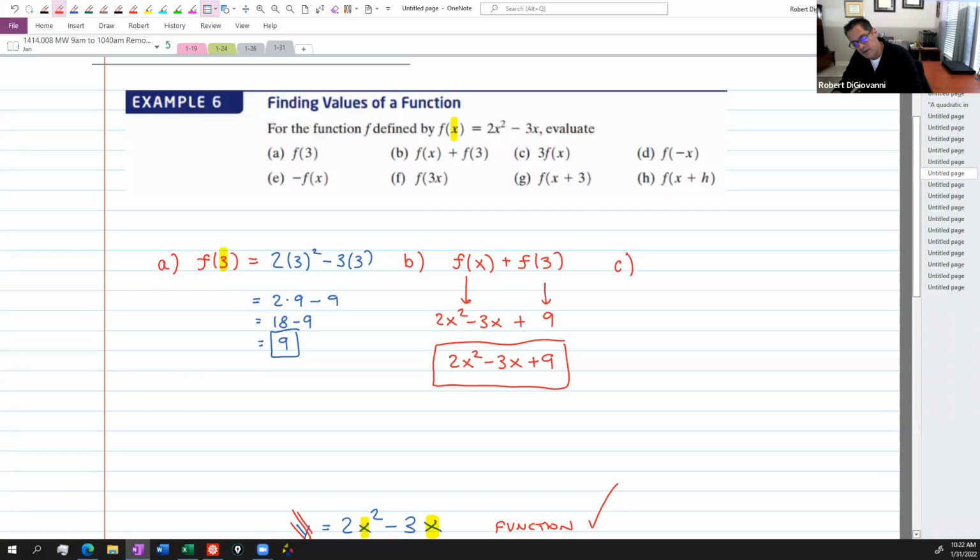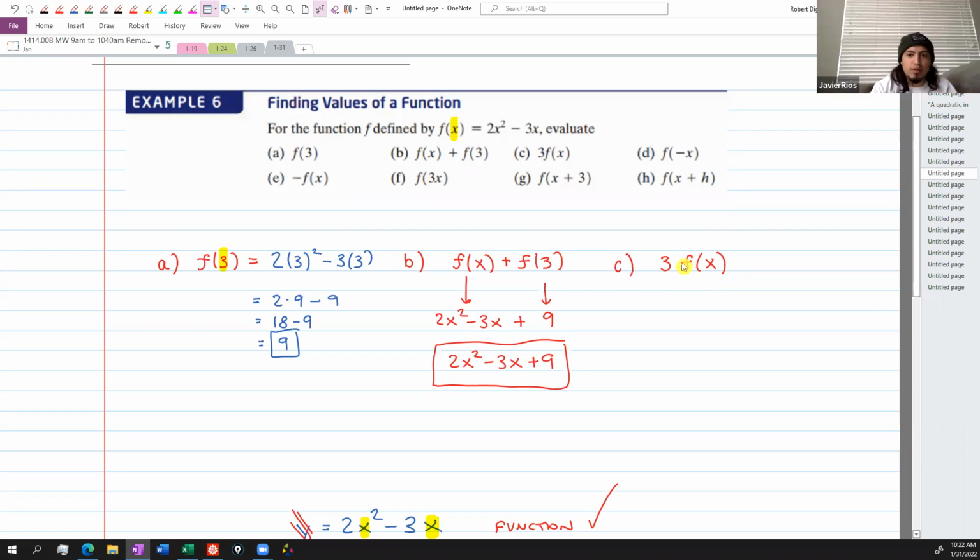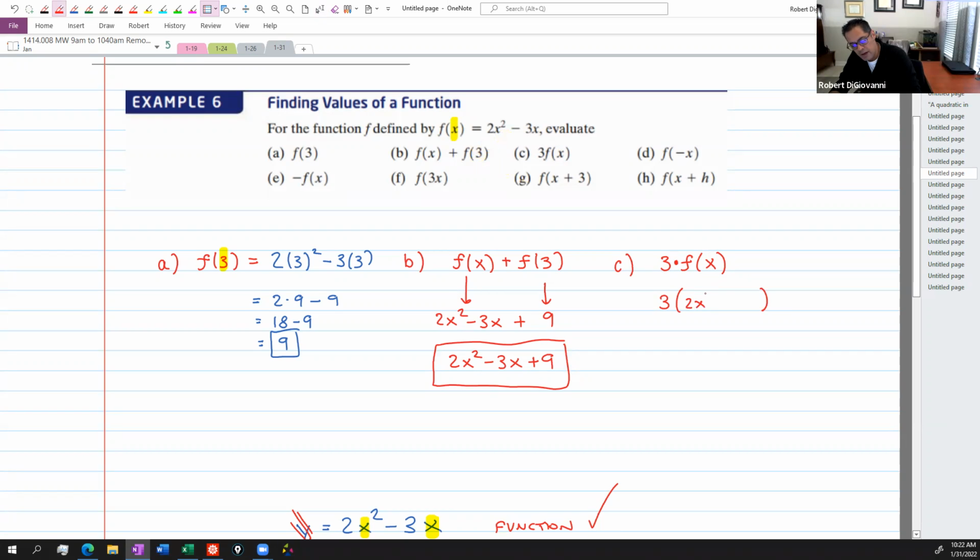Part C is 3f of x. So what does this 3 in front of the f of x mean? We're going to take f of x and do what with it? What is the operation between these two? Multiply, right? We're going to do 3 times f of x. So I'm going to take 3 and multiply it times this function, 2x squared minus 3x.